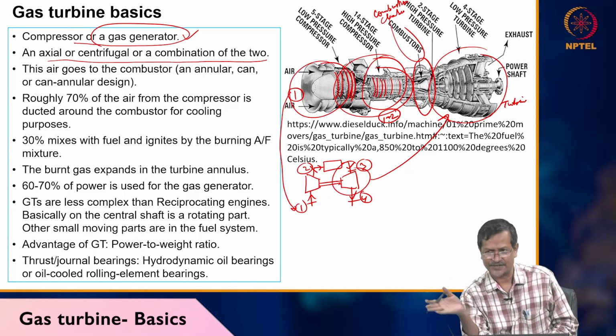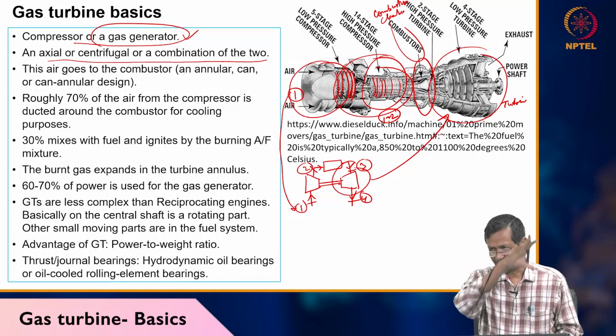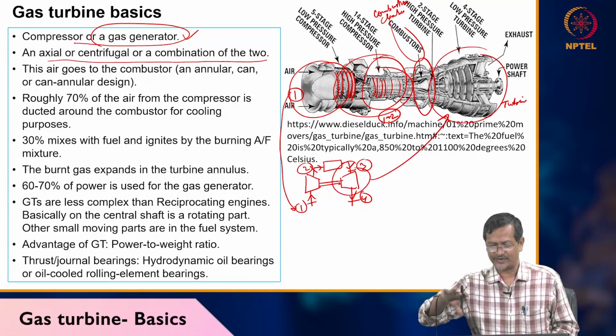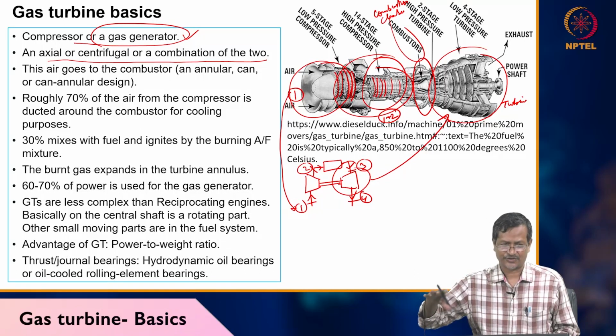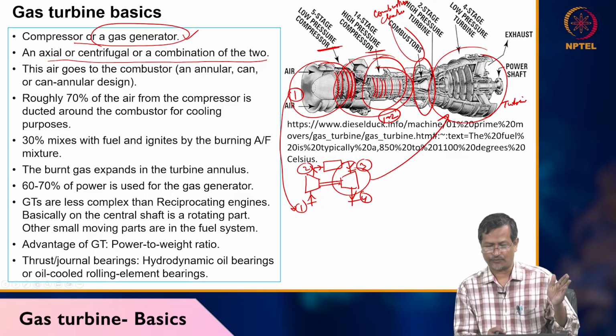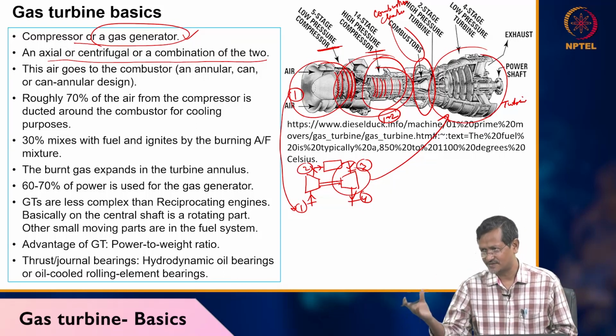Maybe axial or centrifugal. The first stage should be axial type: take a large volume, compress it, reduce the volume, then put it into a centrifugal or maybe the next stage of axial compressor. Here also you can see a 5 stage low pressure compressor, then again a high pressure compressor. The low pressure stage will normally be axial, then the high pressure stage may be axial or centrifugal.